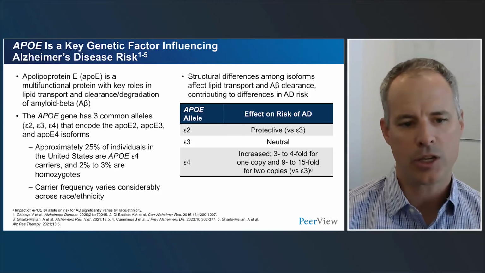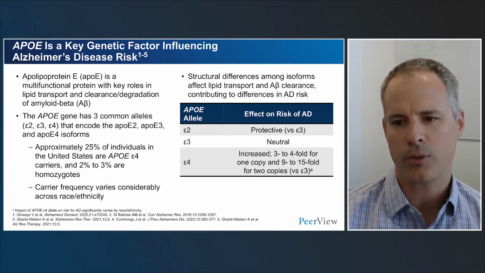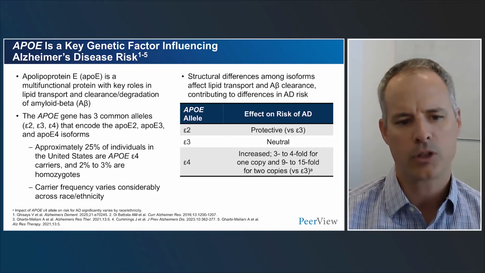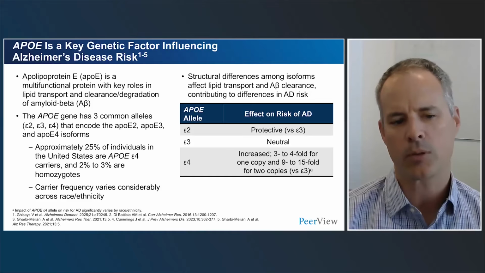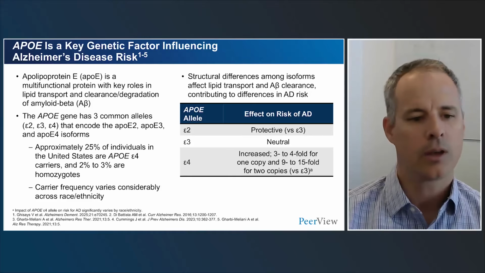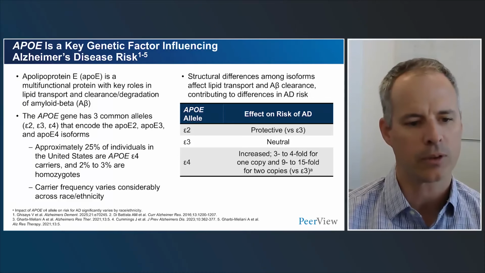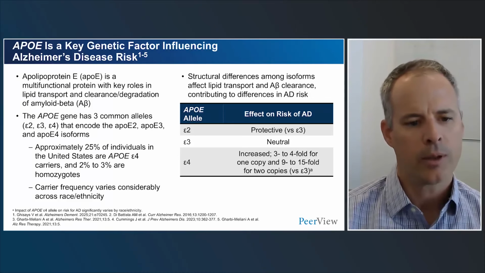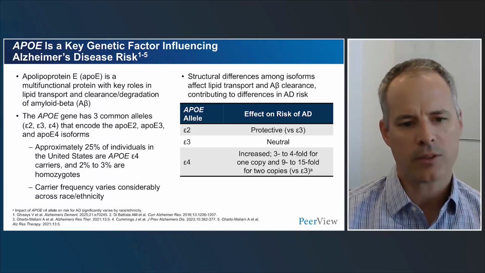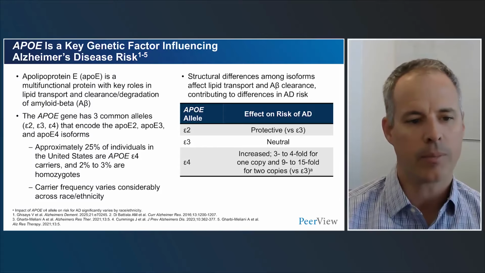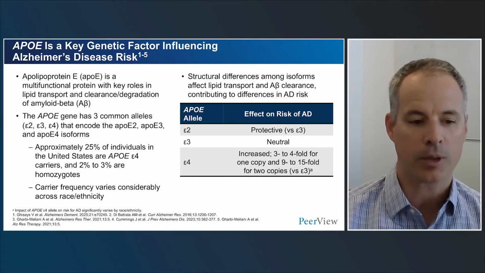The APOE gene in humans has three common alleles, the epsilon 2, epsilon 3, and epsilon 4 alleles, which encode APOE2, APOE3, and APOE4 proteins. We'll just call them APOE3 and APOE4 for the purposes of this program. The most common of these is APOE3, and APOE4 is the one we're going to be talking about today.